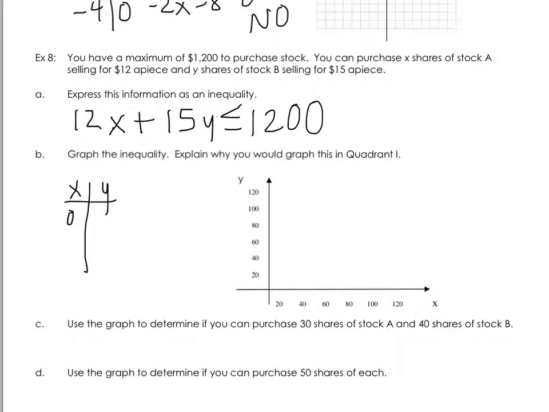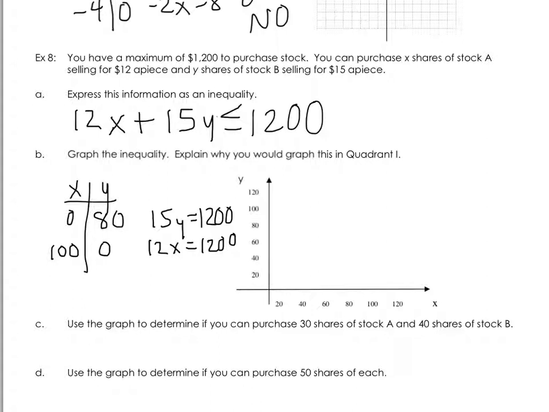You can buy 80 shares of stock. So we have 15y equals 1,200, and we get 80. If we let y be 0, we'll end up with 12x equals 1,200. Divide both sides by 12, we get x equals 100. So those are our two intercepts.